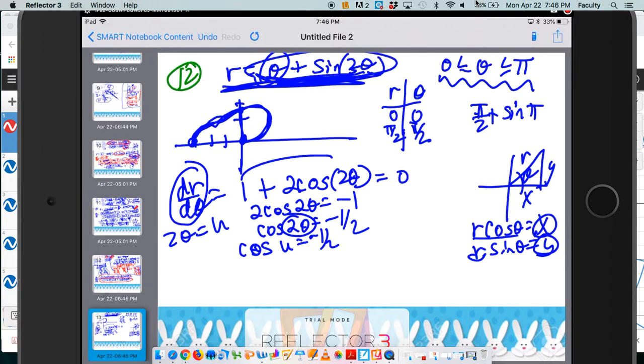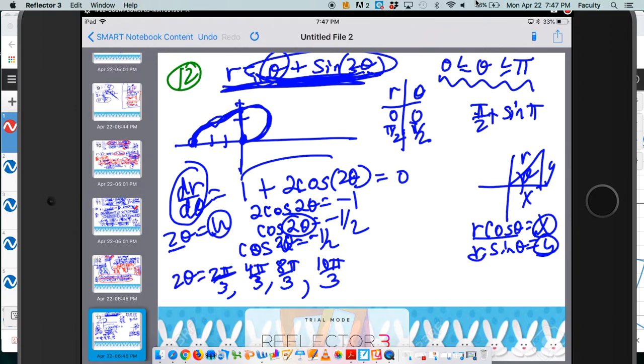Cosine is -1/2 at 2 pi over 3 and at 4 pi over 3. Since it says 2 theta, I should go around twice, so I add another rotation, which is 6 pi over 3 more: 8 pi over 3 and 10 pi over 3. Then I take u back out and put 2 theta back in, so I divide those all by 2.